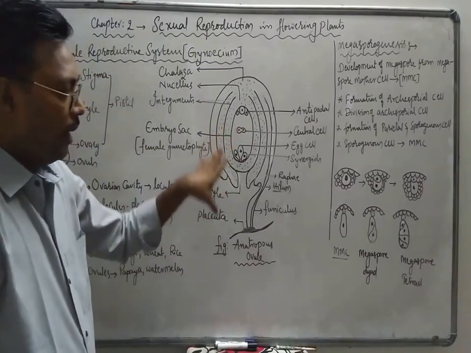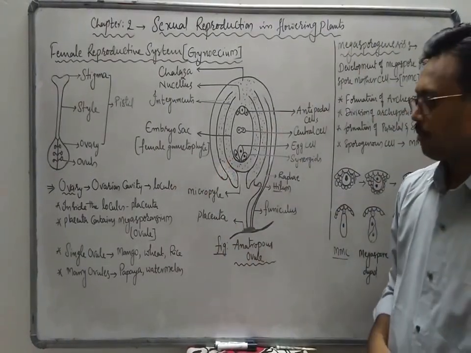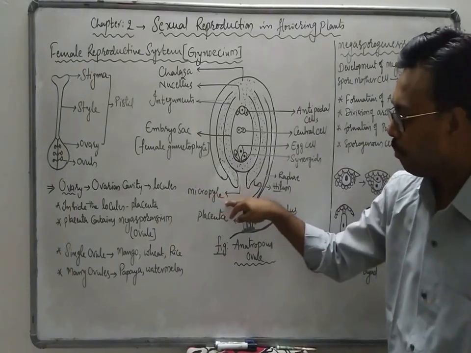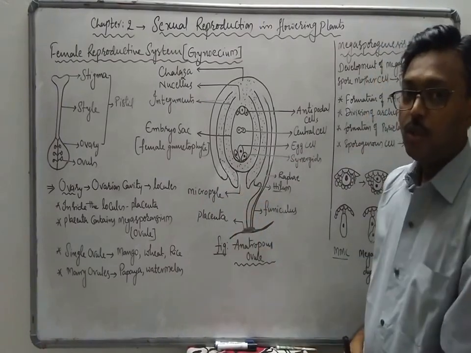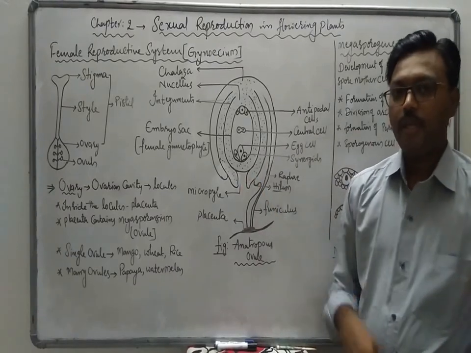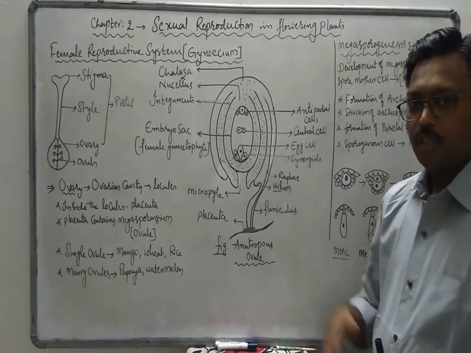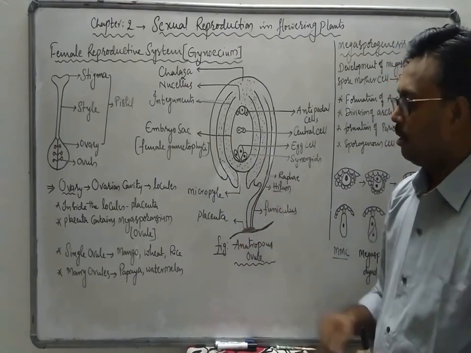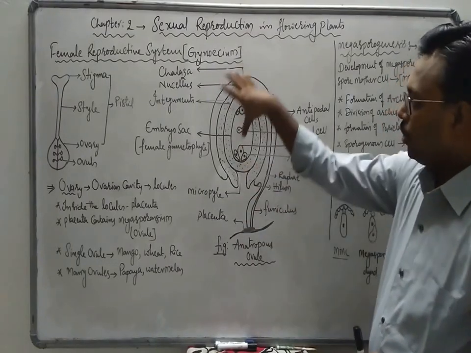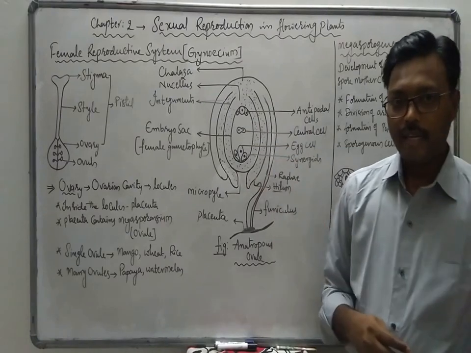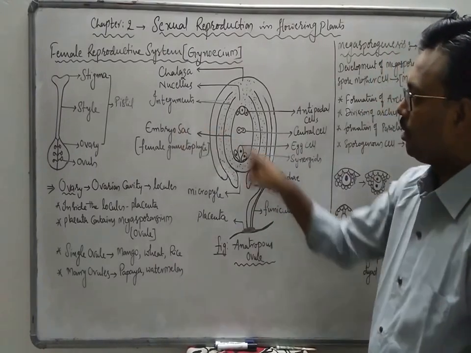This ovule has two ends. One is the opening of the ovule, which is called the micropyle. The micropyle is the opening through which the pollen tube enters during pollen-pistil interaction. Before fertilization, the pollen tube enters through this opening only, and that is known as the micropyle. The whole ovule is surrounded by external protective layers called integuments, outer and inner integuments.